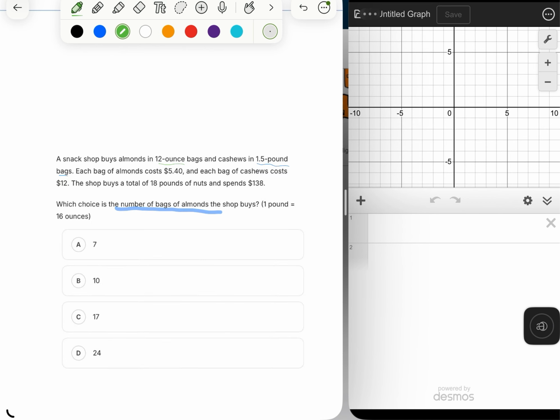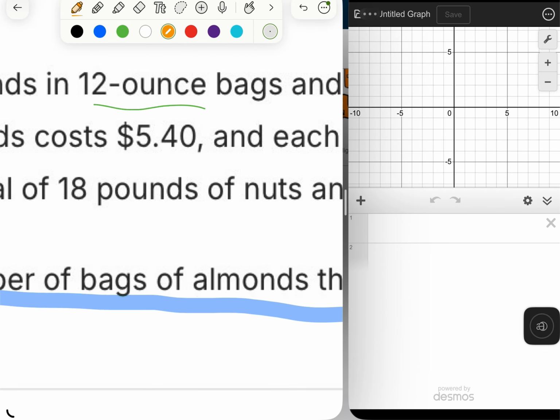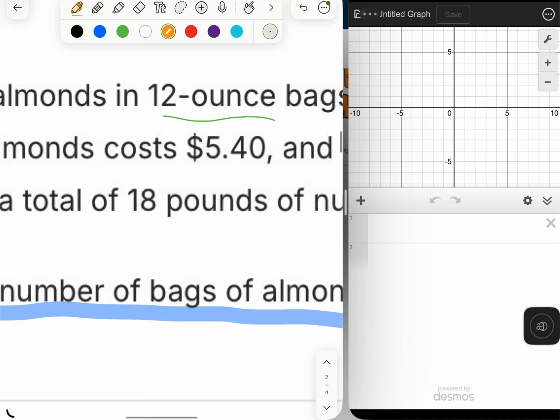So, what you would do as a result is convert into one consistent unit. In this case, I think the best approach here is to convert into pounds because it also tells us that the total number of pounds is 18. It gives us a pounds representation. So that's why I think using pounds is the better unit here.